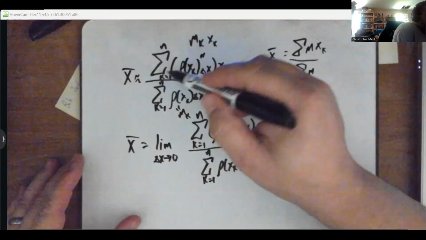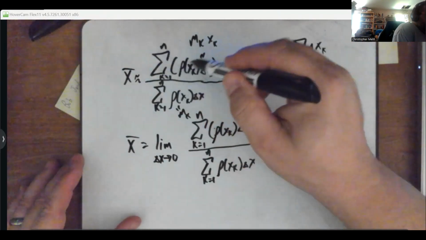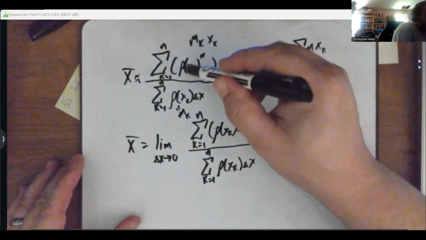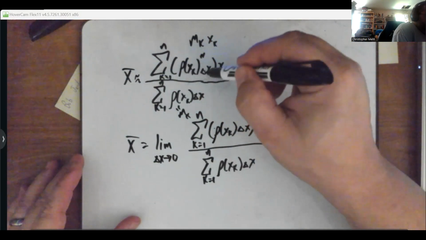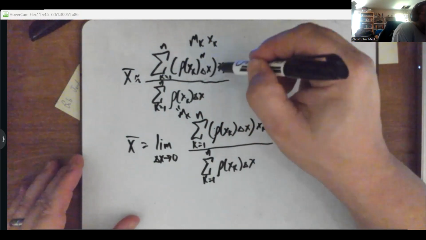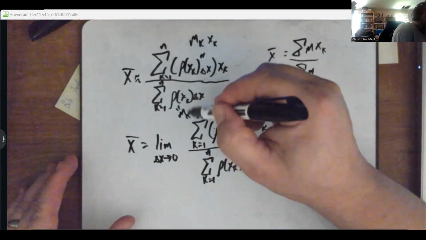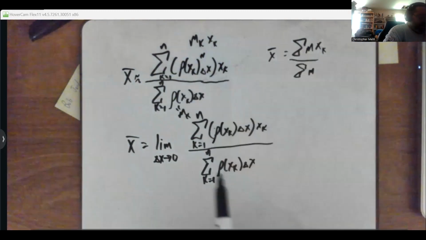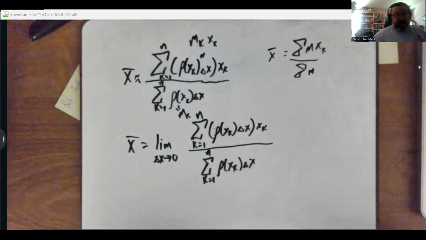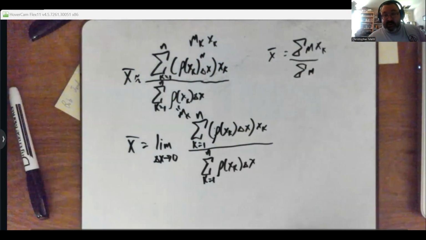Okay, so we're summing k equals 1 to n of m sub k, but that is rho of xk times delta x, and then times x sub k. And then the bottom is the sum of the masses, but each of the masses m sub k is rho of xk delta x. And we take the limit as delta x goes to 0.